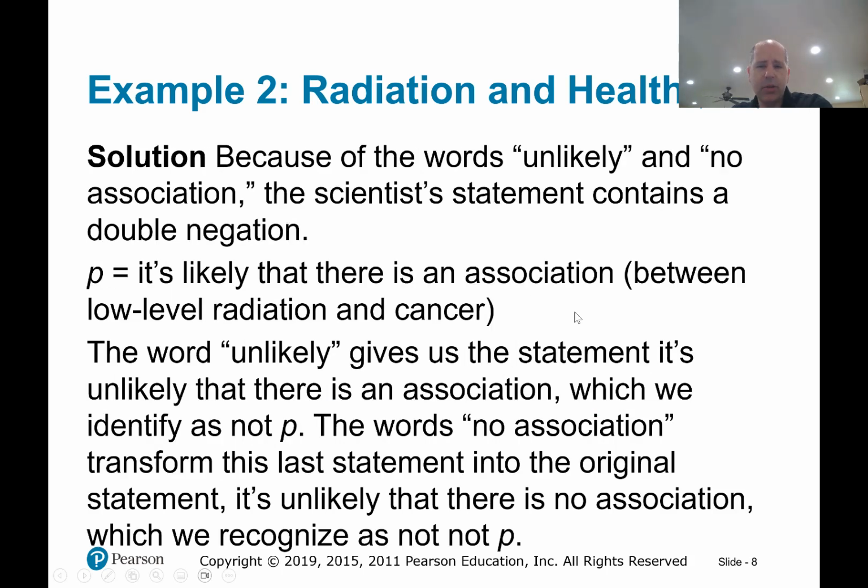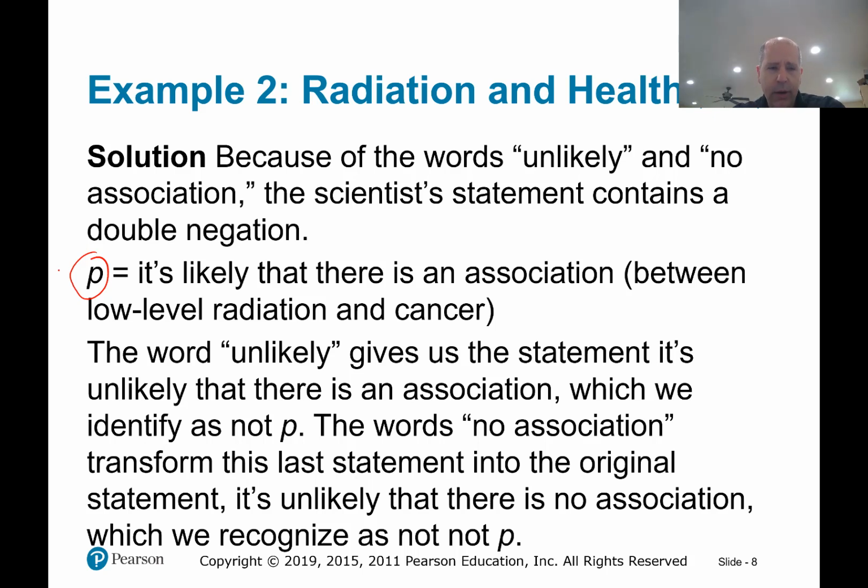So here's the solution. If we take our statement, it's likely that there is an association between low-level radiation and cancer. So P is, and by the way, we always look at P in the positive sense, right? We don't put any negatives in here. So we wouldn't define P as it's unlikely that there is no association.